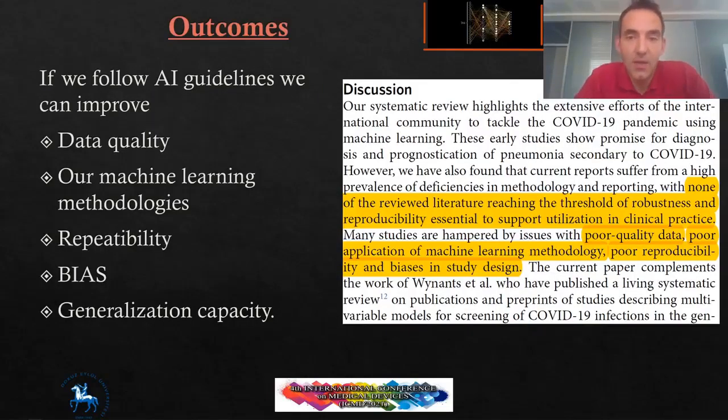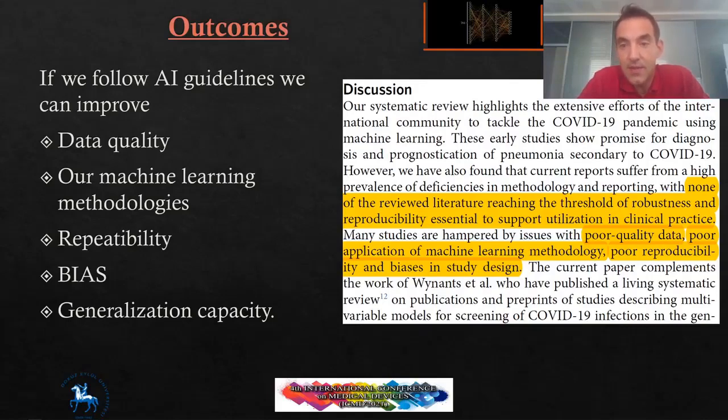Now, the outcome of this talk is, if we follow AI guidelines, we can improve our data quality, our machine learning methodologies, the repeatability of our results. We can remove or at least reduce bias significantly, and we can improve our generalization capacity.